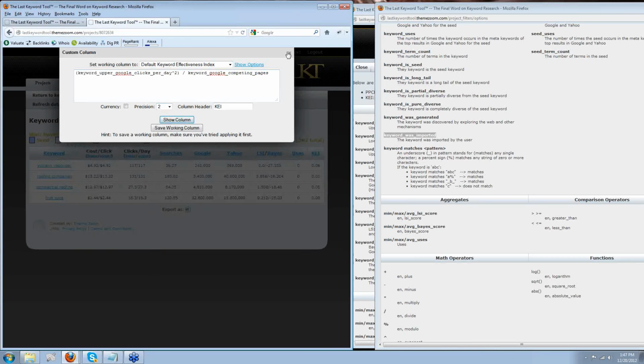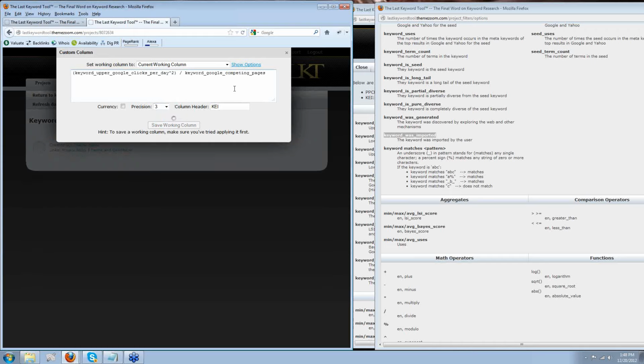Alright, so that's the basic idea, and as you can see, that particular version of KEI, even if I come in here to the custom column and put in another decimal place, still doesn't really help too much.